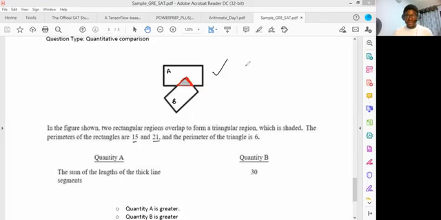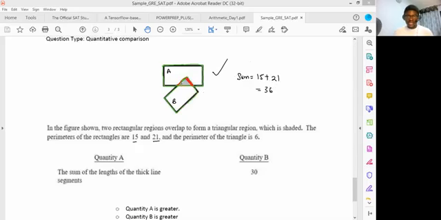So the total perimeters equals 15 plus 21, and that makes 36. Okay, 36 represents the sum of this total length from here to this to this, and everything in green. Okay, so everything in green is 36.